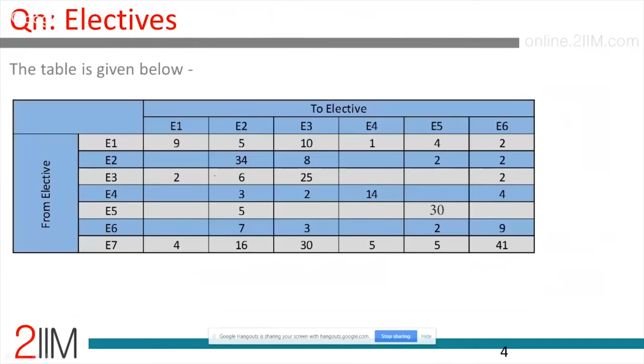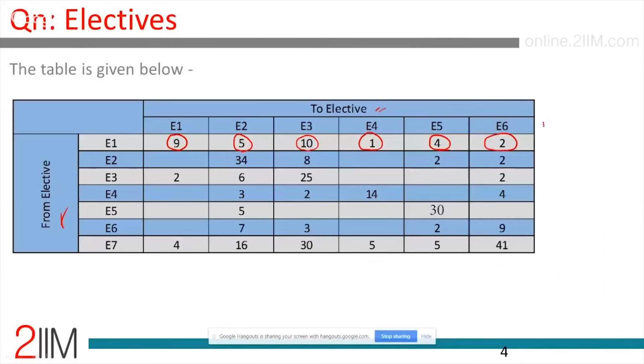And so thankfully it says from here to here. And so from E1 to E1 is 9, or 9 students stuck with E1. They stayed with E1. From E1 to E2, 5 students went to E2 from E1. 10 students went to E3 from E1. 1 went to E4 from E1. 4 went to E5. 2 went to E6.